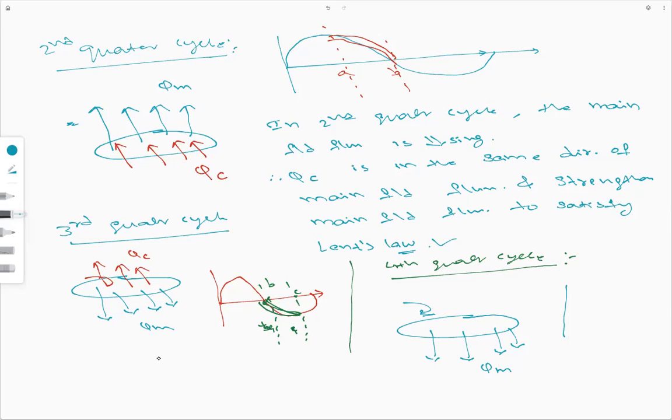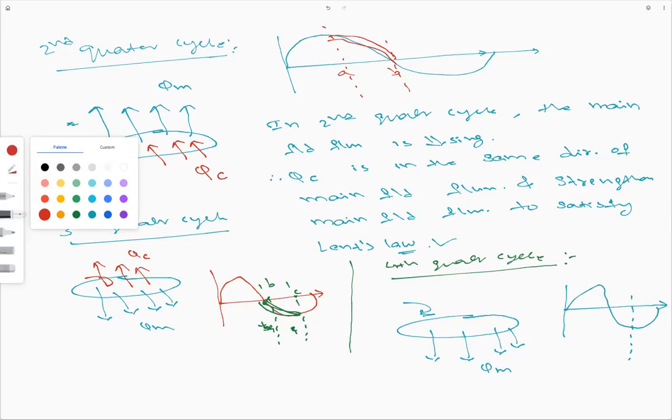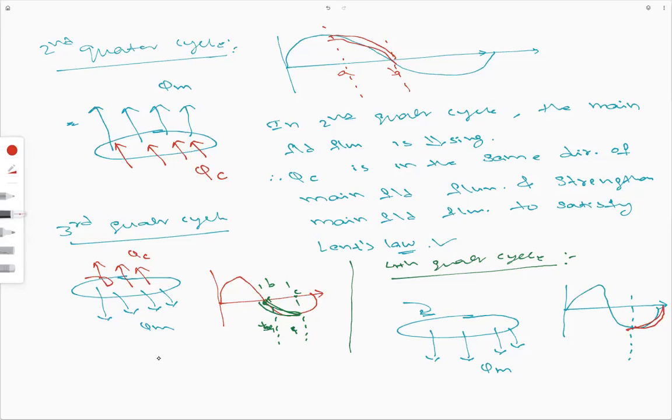Fourth quarter cycle, tell me, same direction or opposite direction? Yes, everyone. Same direction, good.